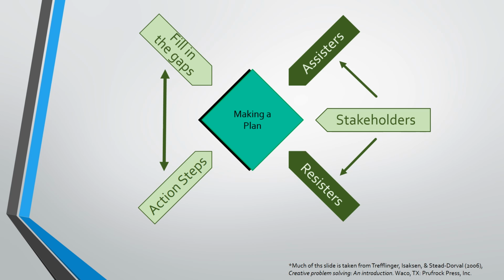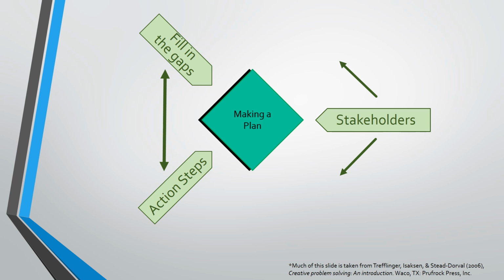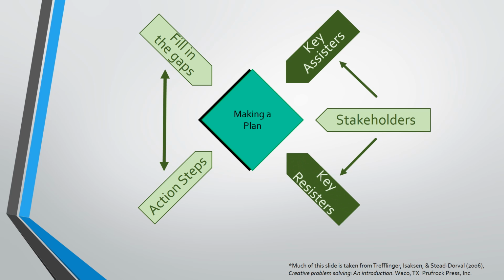Now, once you have your list of potential assisters and resistors, you should narrow it down to a list of key assisters and key resistors. Here it is important to think carefully about each of the suggestions made in your stakeholder brainstorming session.